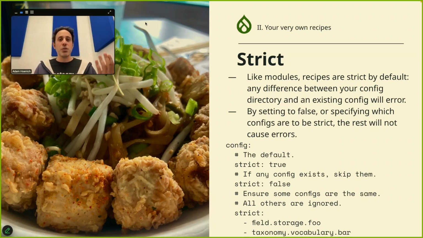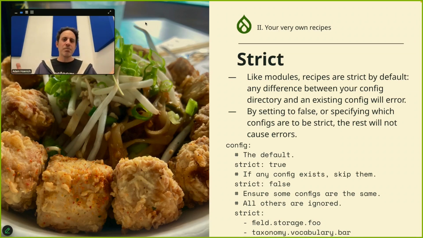The only real case I've found for this so far, to be honest, is field storages, because those influence the layout of the database. If you have a completely different kind of field with the same name as something in a recipe, that leads directly to madness. So you want field storage to be strict.